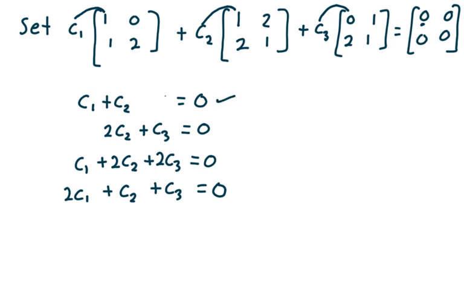That's the first equation. Then C1 times 0 plus 2C2 plus C3 equal to 0. That's the second equation. And in a similar fashion, C1 plus 2C2 plus 2C3 equals 0, and 2C1 plus C2 plus C3 equals 0. And so I have a system of 4 equations with 3 unknowns.